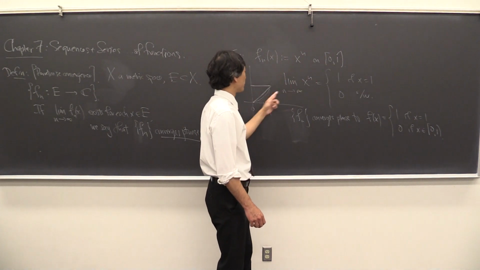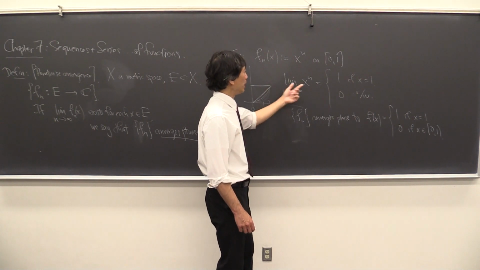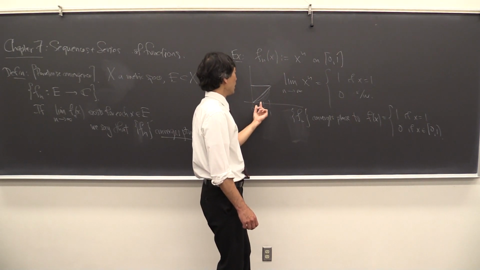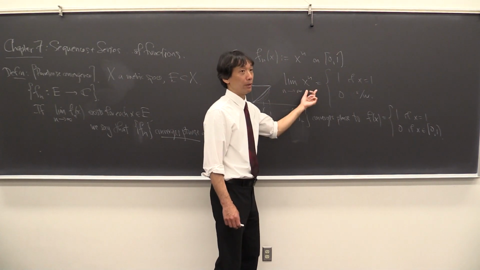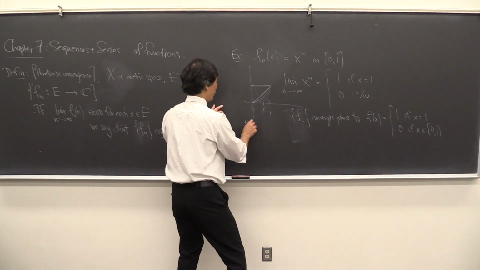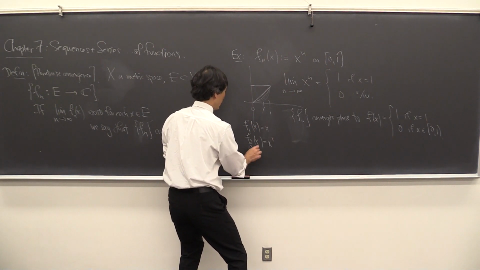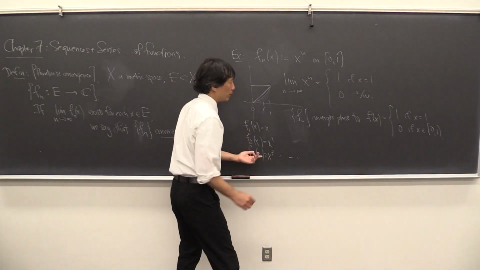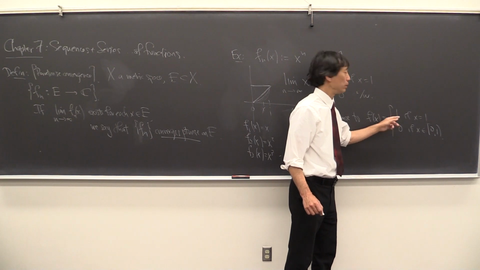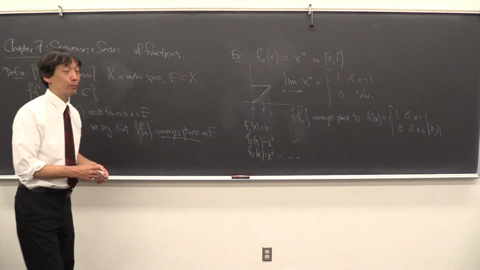If you take the point 1 and let n go to infinity, it's just going to be 1. But if you take something smaller than 1 and let n go to infinity, it's going to go to 0. So this sequence of functions, f_1(x) equals x, f_2(x) equals x squared, f_3(x) equals x cubed, et cetera, converges to this function: 1 at 1 and 0 everywhere else. Okay, so this is an example of so-called pointwise convergence.